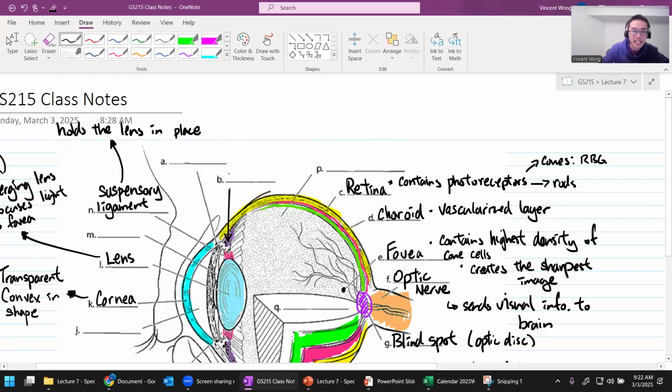And that would be the ciliary muscle. So more on that later in the PowerPoint, but the ciliary muscles will control the tightness, the tension, right, of the suspensory ligaments.